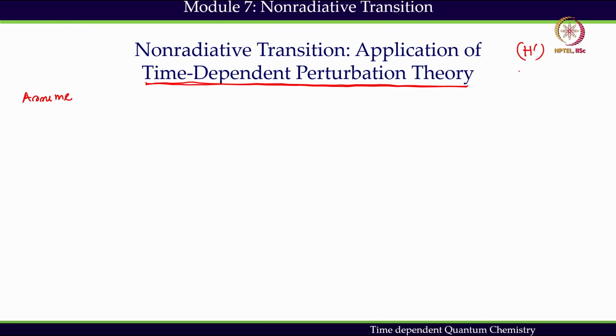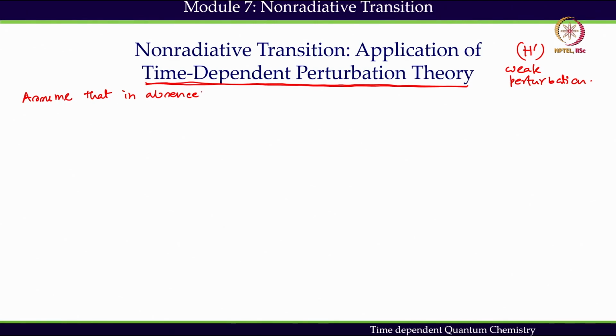This H dash is the perturbation, a weak perturbation. This is an important point to understand first, because this will enable you to quickly employ time-dependent perturbation theory if you have this idea very clear.